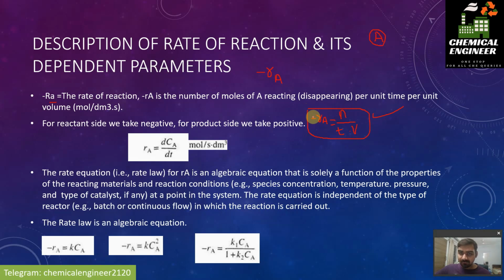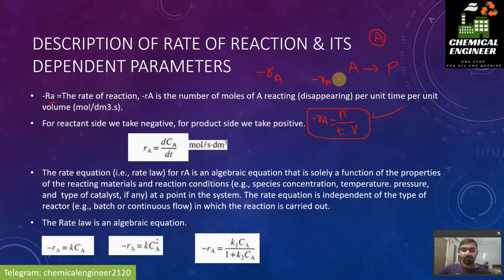Simple. This is how we define it. Now why are we taking minus, you might have a doubt. Suppose a reaction is taking place, like A gives some product P. In order to describe it, we write that the reactant is disappearing, meaning it is losing, so we write minus rA.